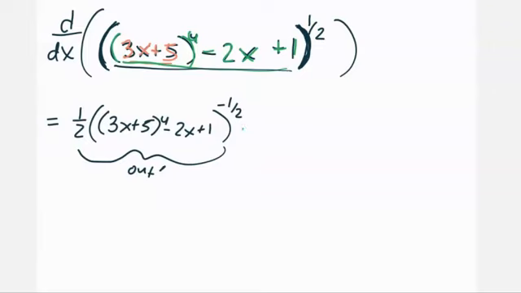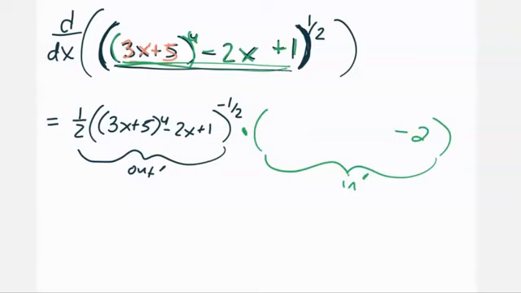So if I'm focusing on this piece, or derivative of the inside, since these are separate terms, we'll do the easier parts first. So derivative of negative 2x is negative 2, and the derivative of plus 1, a constant, is 0.